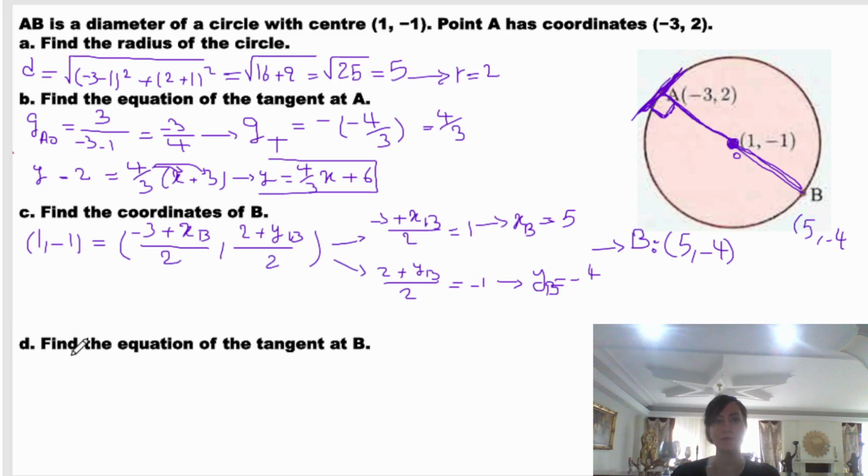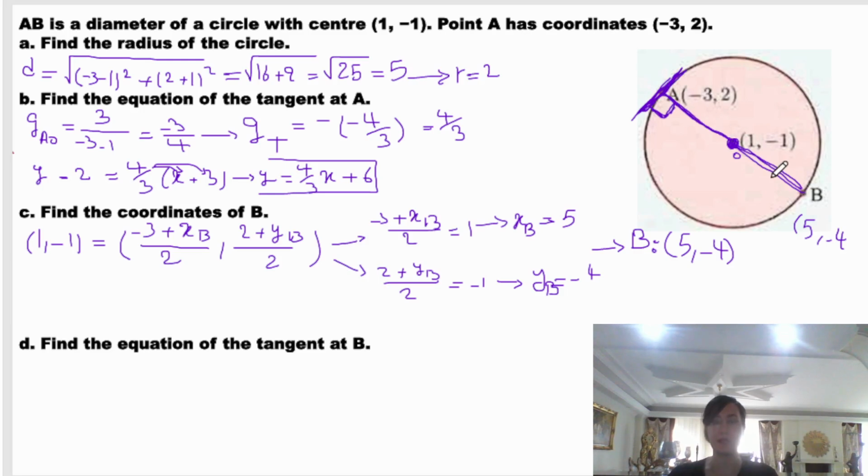Now we go to find the equation of the tangent at B. I already found the gradient of AB, because AB is exactly parallel to AO, or I should say they overlap. It's the same line; the line OA passes through B as well.